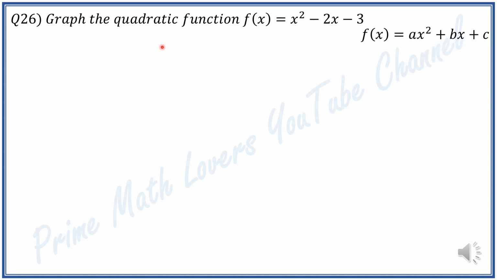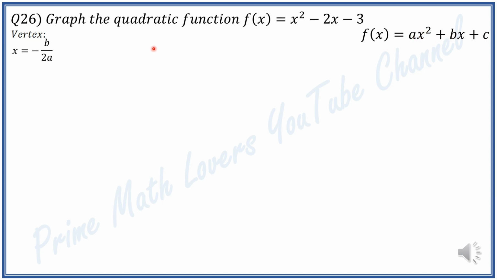In a quadratic function f of x is equal to ax squared plus bx plus c, the vertex can be found using the formula x is equal to negative b over 2a. b is the coefficient of x, and a is the coefficient of x squared.